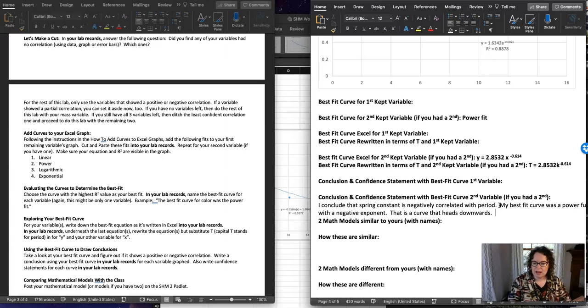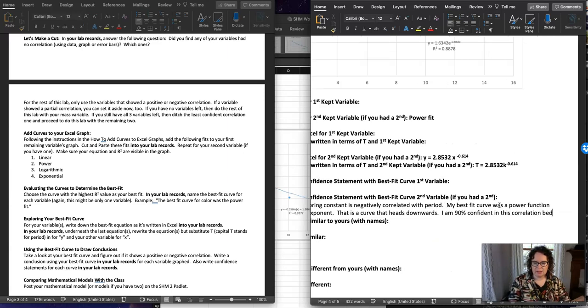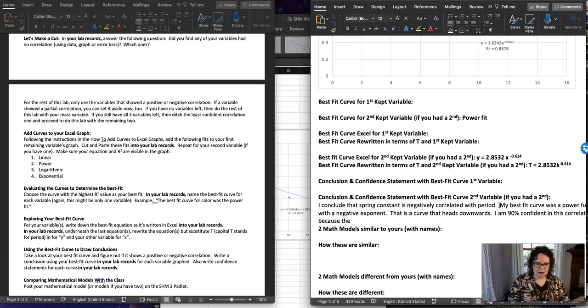Okay, ready for confidence. My R squared was about 0.93, so I'm just going to say 90% confident in this correlation. It isn't incredibly great, but it is good.